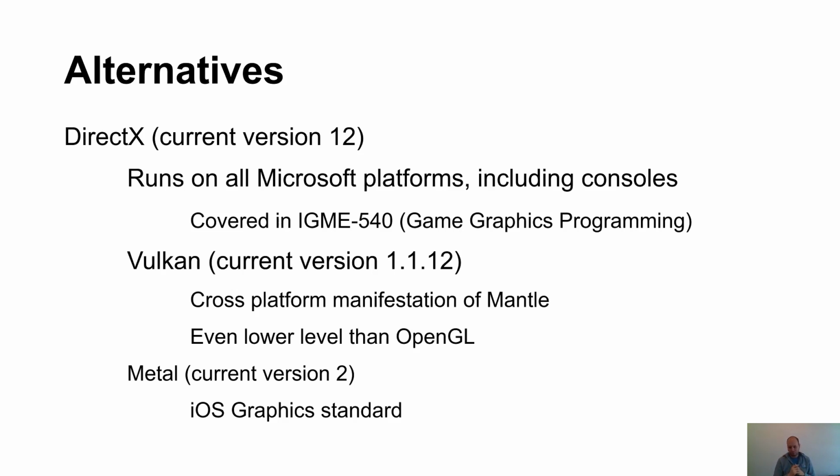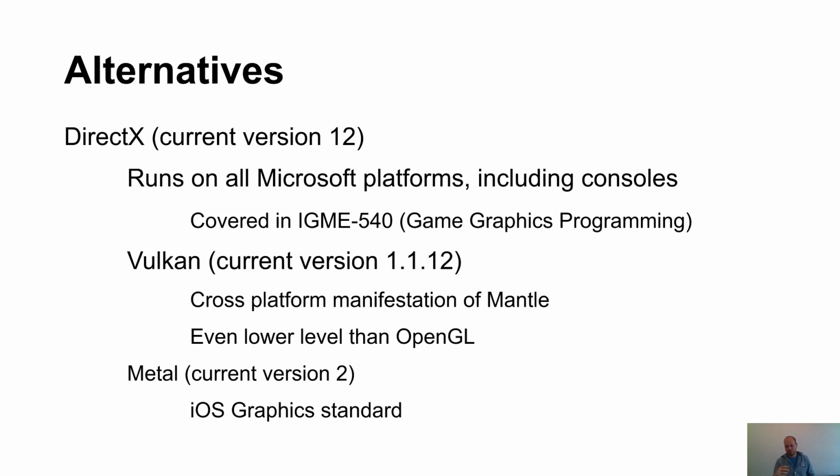DirectX 12 is also a lot more similar to Vulkan. There are a lot of changes now in how these APIs look. A lot of these batteries-included APIs are going away as more and more people are using things like Unity and Unreal. So nobody really cares about the lower level stuff, which is something I'm hoping to not let happen with this class.